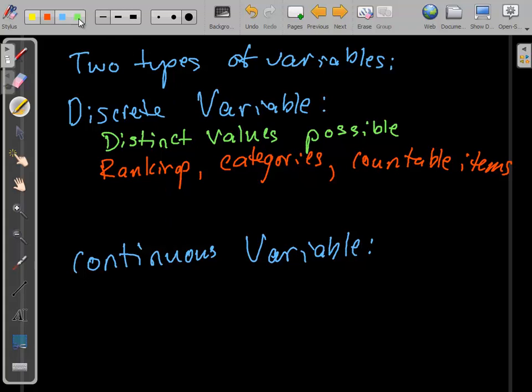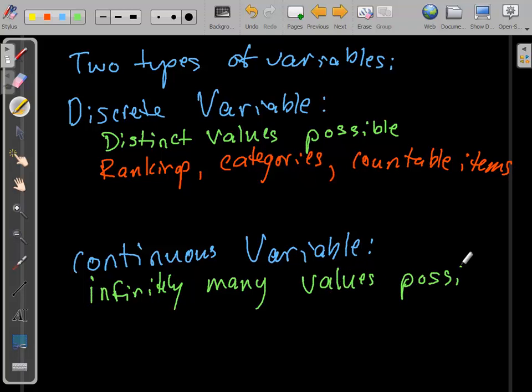With continuous variables, you have infinitely many values possible. It doesn't mean everything is possible. For example, a continuous variable for patients maybe is a patient's height or weight.